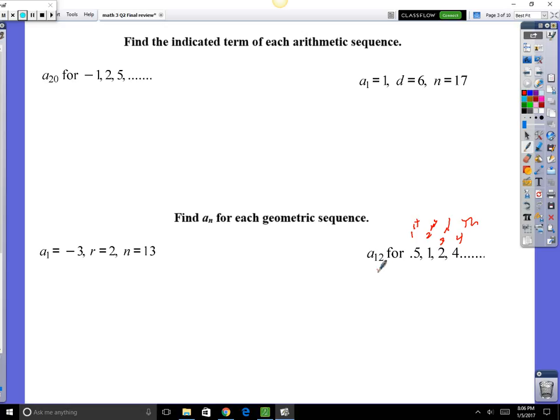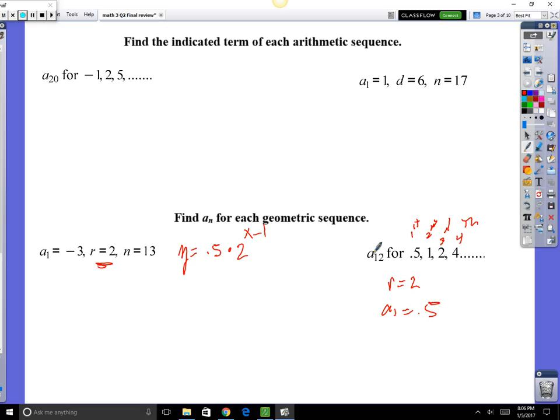So looks like it's just doubling, so that means we found our r equals 2, which is the same r as before, so it's doubling. Your a sub 1 equals 0.5, and that's all we need. So your formula is going to be y equals a sub 1, 0.5 times 2 to the x minus 1.